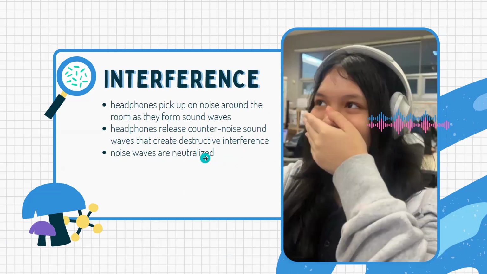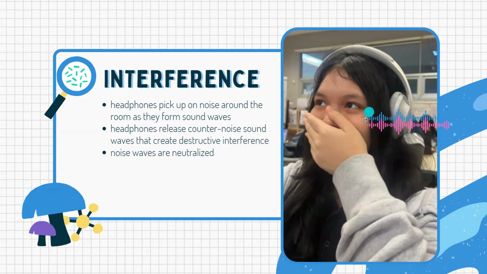Next, we have the second demonstration using ANC headphones. And as you can see, I've demonstrated here with some drawings. So headphones pick up noise around the room as they form sound waves. You can observe that using the blue line, perhaps, or the pink one. And the blue line here represents the counter noise sound waves that create destructive interference.